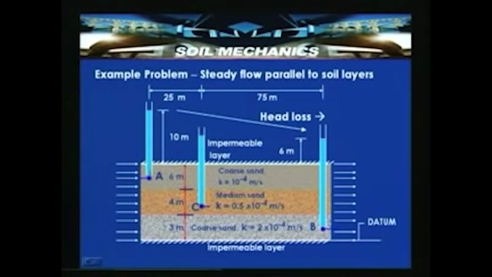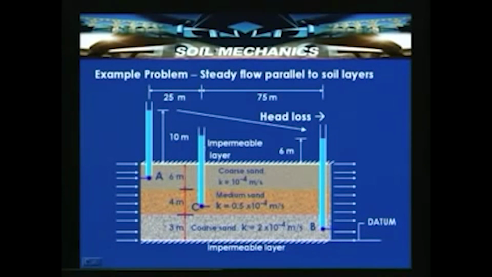Here you will see that the water has a head of 10 meters above this particular level, and at a distance of 100 meters from here the head available is around 6 meters.